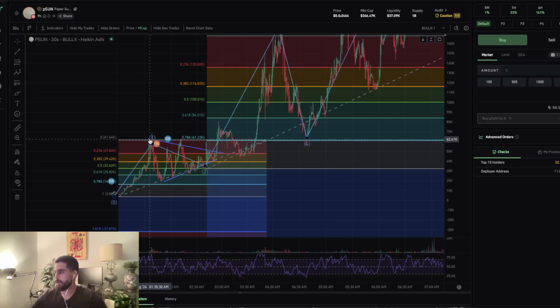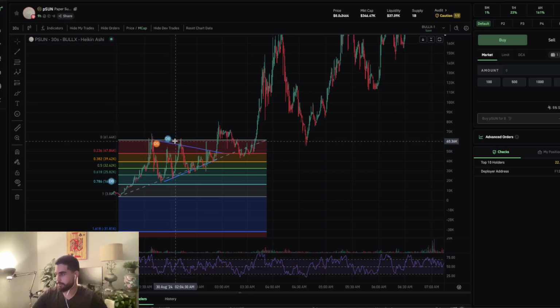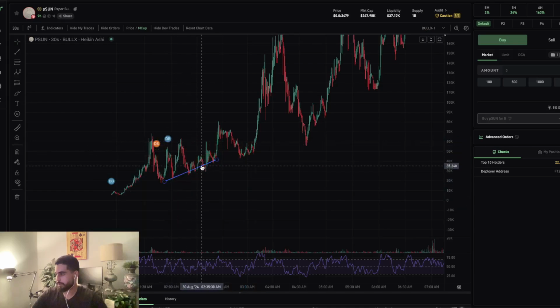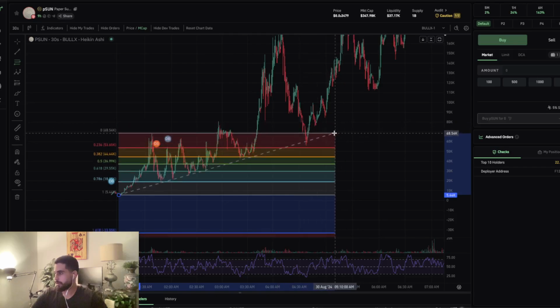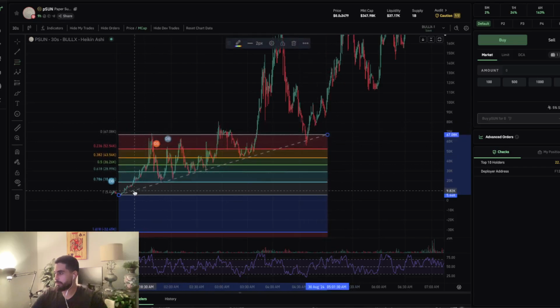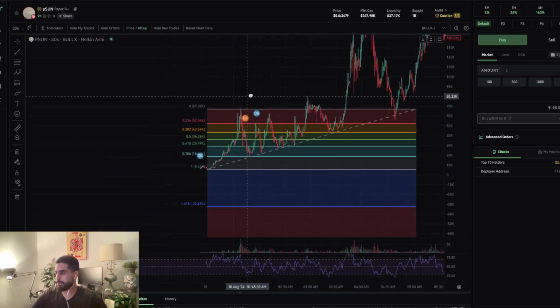okay. I guess I'll have to replot these for you. Clean chart. So here we go. You're going to take your Fibonaccis and you want to draw them all the way from the low to the high.